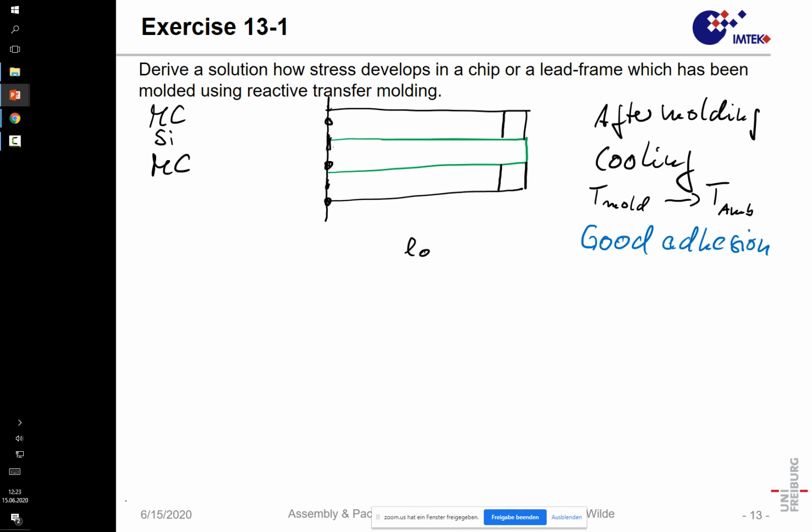But in this case, it won't bend because the molding compound is on both sides. The most tension will, I think, be in the molding compound itself, and will create a diagonal.